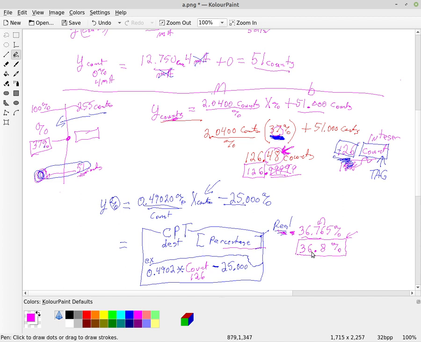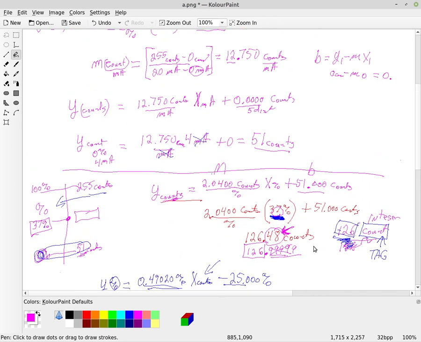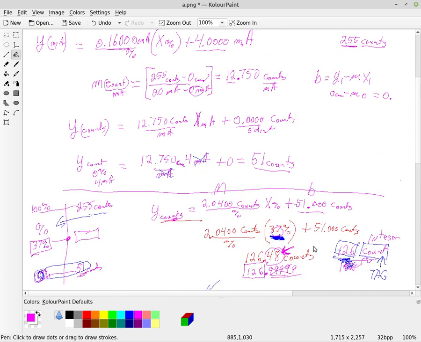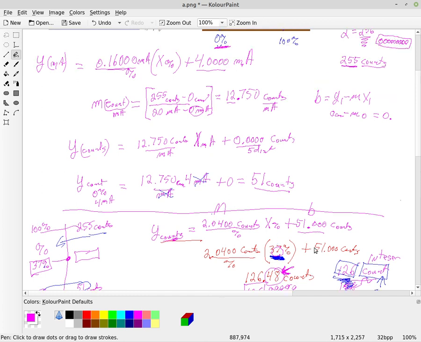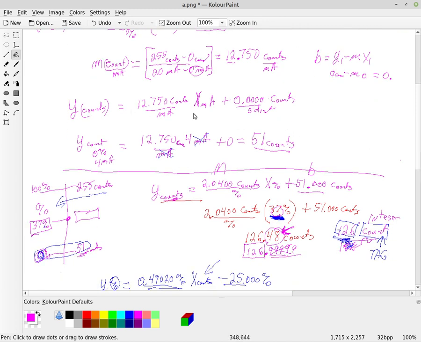All right, so now if we wanted to calculate how many milliamps that was, we could come up here, and I guess I didn't do the reverse of that equation up here. So I found out how many counts, but I didn't find out how many milliamps.